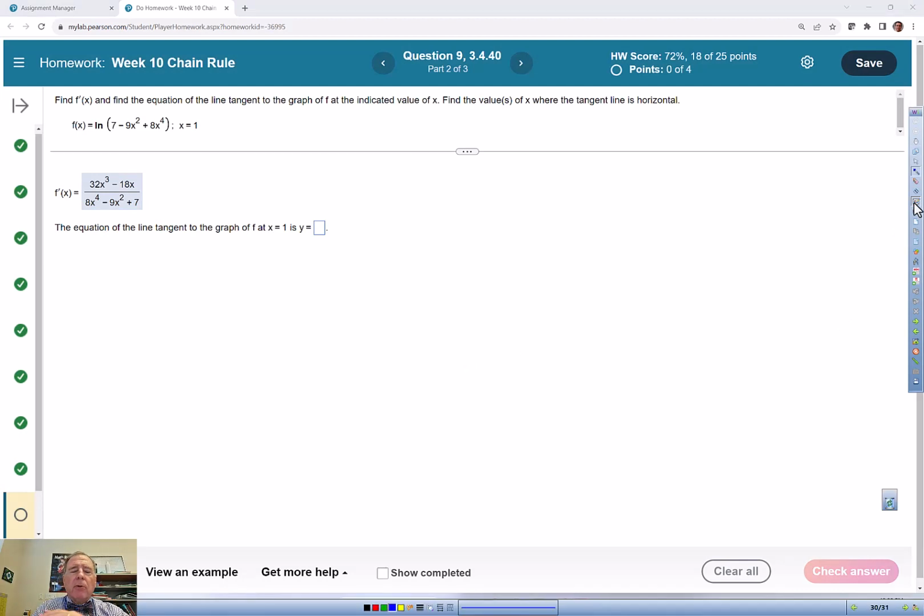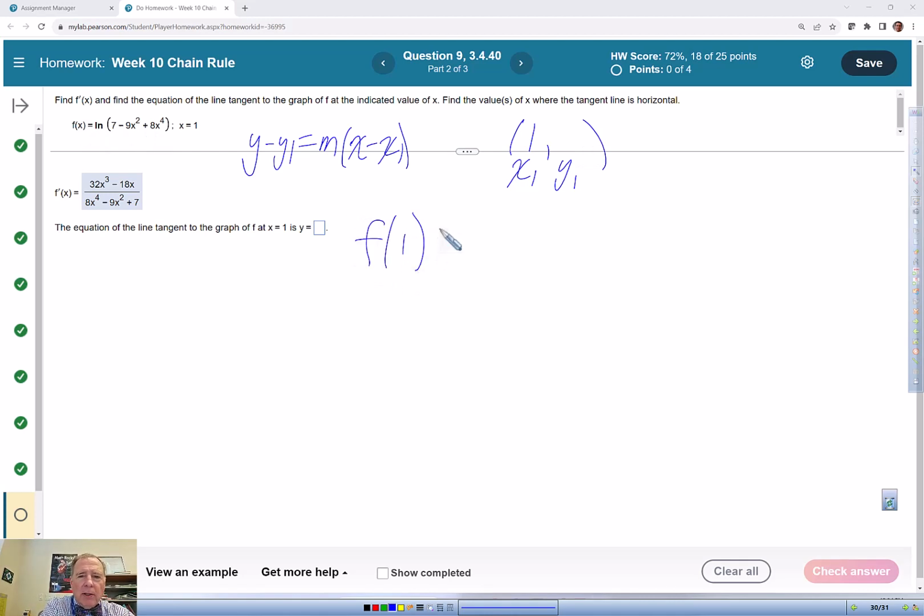So to do the equation of the tangent line, we're going to need y minus y1 equals slope times x minus x1. That's the point slope form, so we're going to need both a point and a slope. I'm going to get the y coordinate of my point by evaluating the original function at x equals 1.